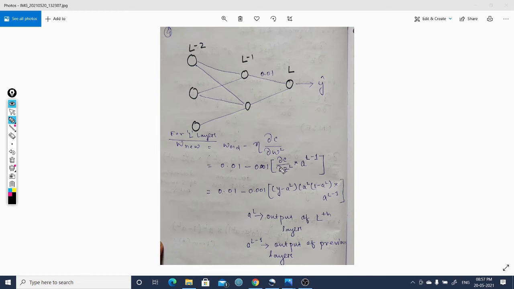So we got dC by dW from that particular equation.